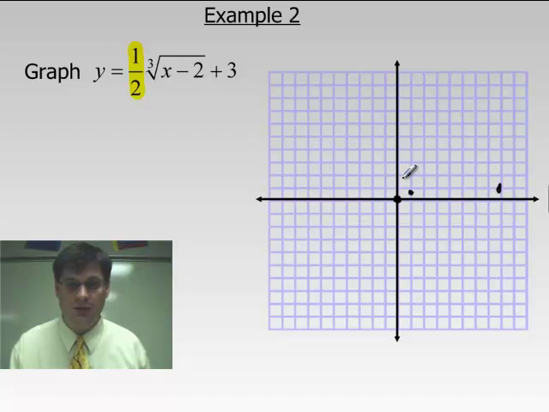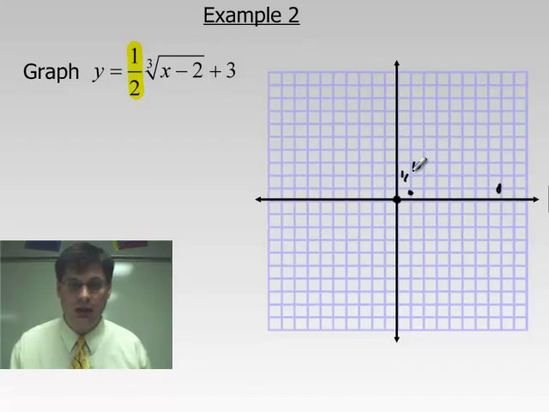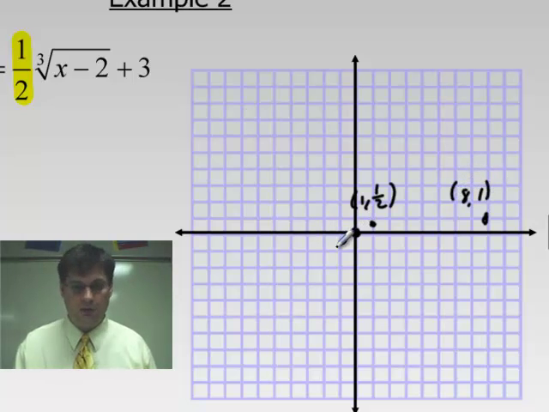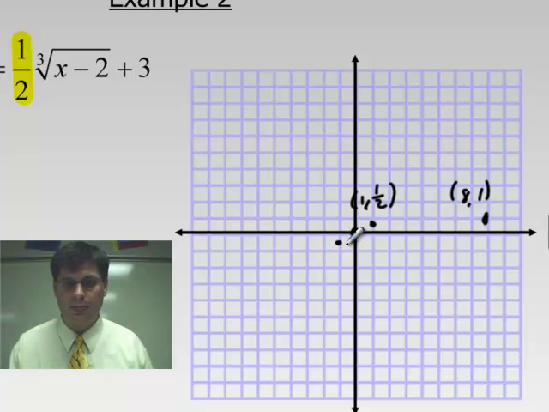Okay, so here I have 1, 1/2, and then the next one's going to be at 8, 1. And then the cube root function we know goes the other direction. It's just kind of reflected over y equals x.